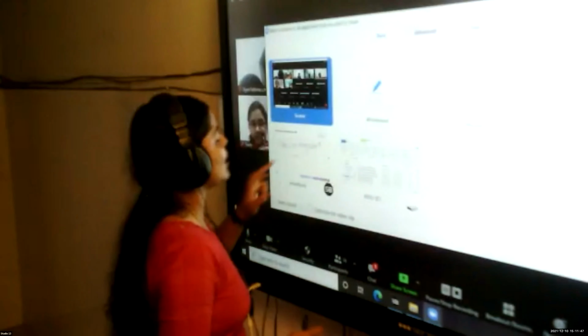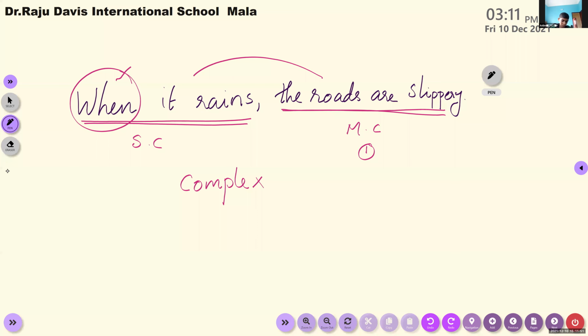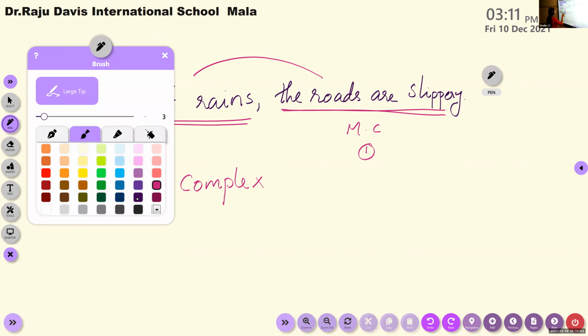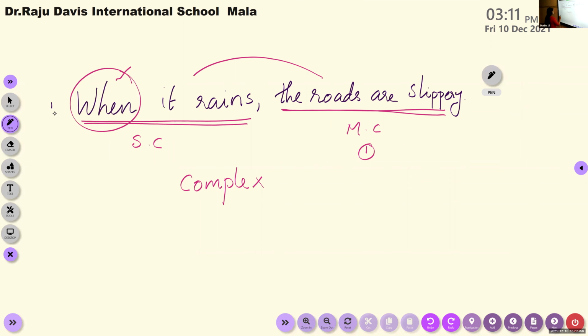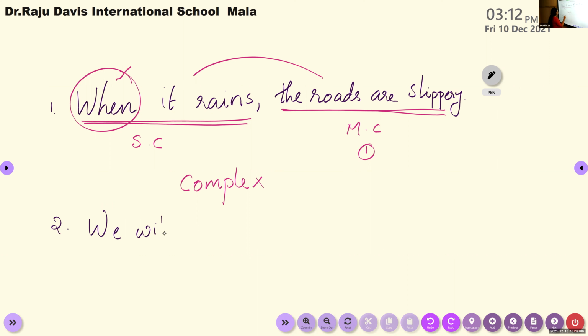My next example, complex sentence. I request everybody to copy the second sentence. Sentence number 2: "We will eat as soon as they arrive."